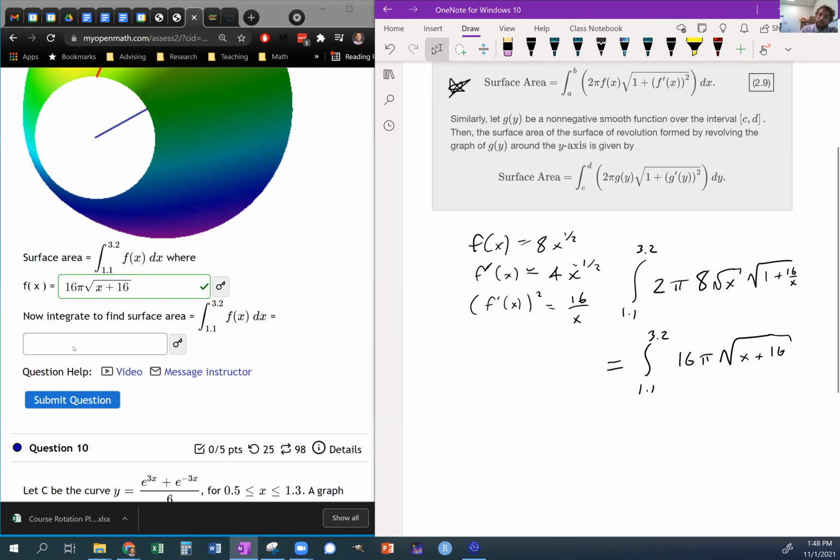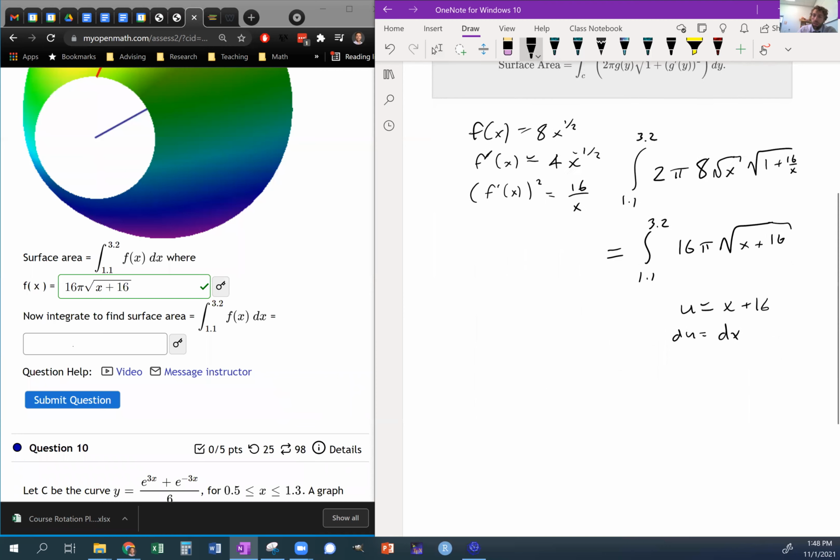Now integrate. Well, that's a u substitution. If u is x plus 16, then du equals dx. So if I add 16 to the two ends of the integral, I get 17.1 and 19.2.